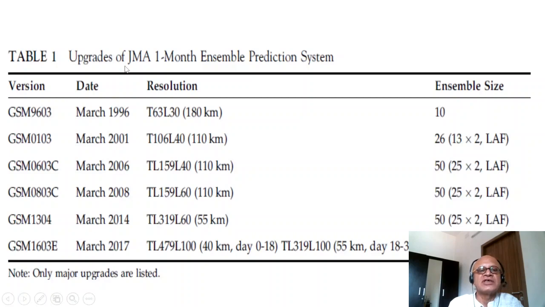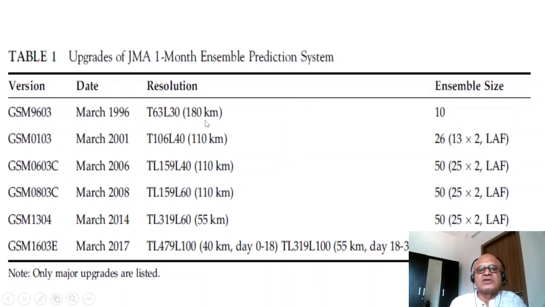This is just showing an example of upgrades of the Japanese Meteorological Agency 1-month ensemble prediction system, and you can see that the resolution has increased over time. So we're going here from March 96 to March 2017, and typically these numbers are the truncation of the waves in the spectral representation of the longitude, latitude, space.